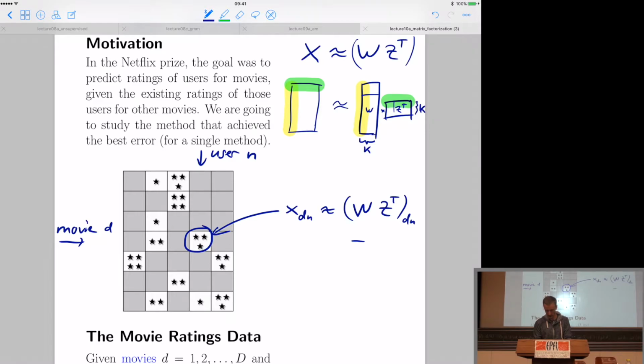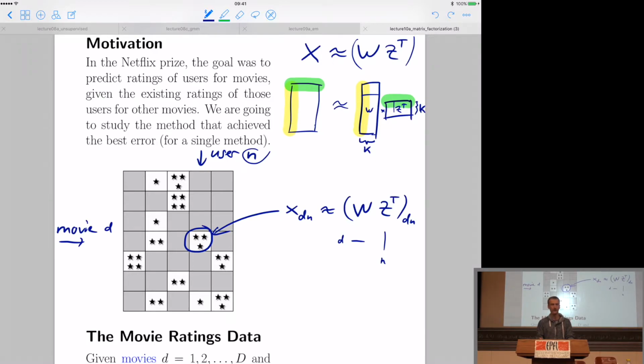The purpose is that these 10 entries from W times the corresponding 10 entries from Z. So this is the d-th entry of W, from the movie d. And you're multiplying this with the n-th entry of Z. So the goal is that this inner product of two vectors is approximating what you observed. It's approximating the true value, which is 3 stars, between 1 and 5.